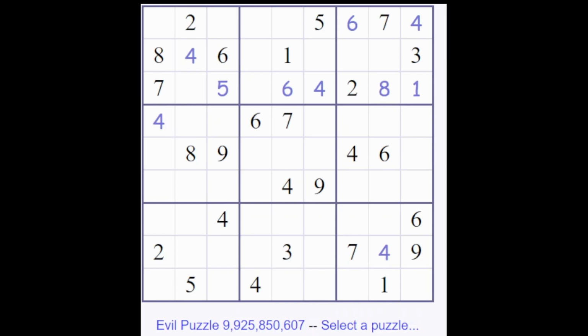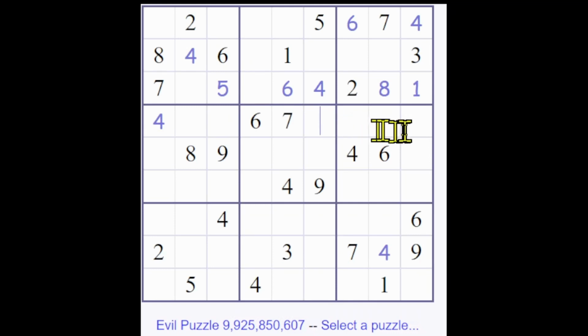Remember, I was discussing the 5 that will have to go in one of these three cells. I think I know which one now. We got a 5 here and we've got a 5 here. That means that a 5 can't go in these two cells. We got a 5 here and that means a 5 can't go in this cell either.